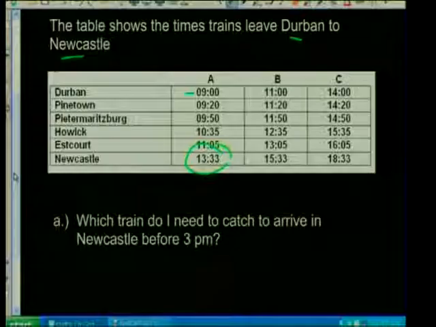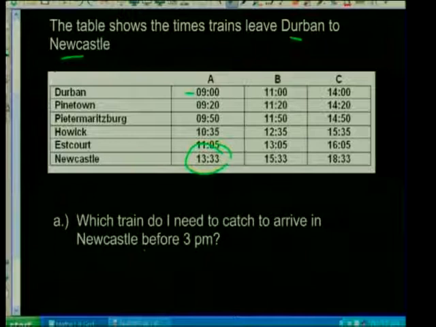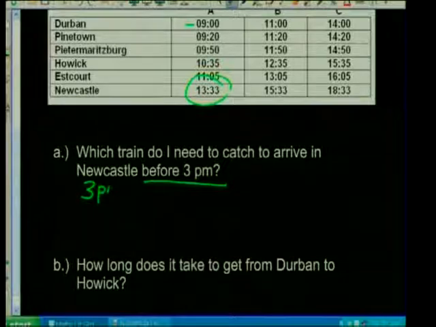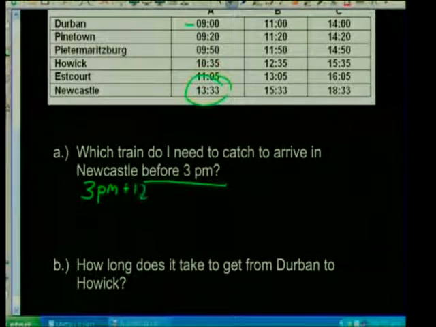Which train do I need to catch to arrive in Newcastle before 3 p.m.? So first of all, I need to convert that 3 p.m. into a 24-hour clock. That'll be my first step. So 3 p.m., what do we do in this case? We just add 12. It is actually 1,500 hours.